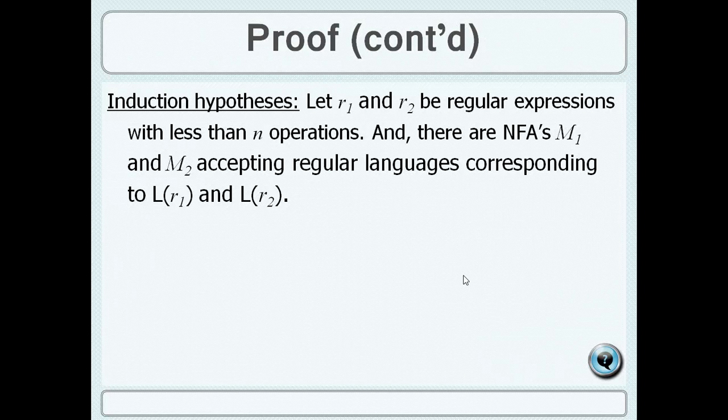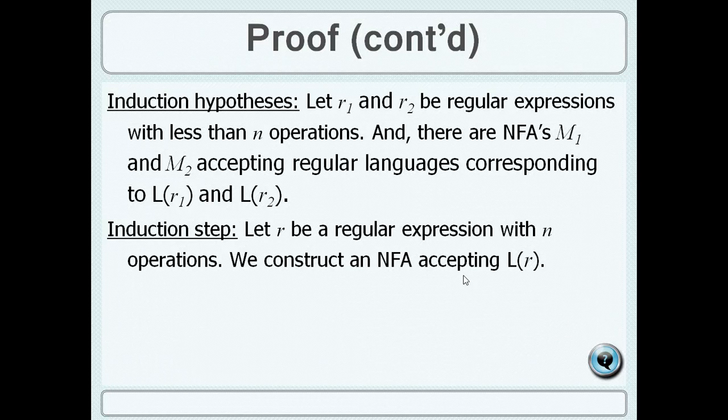Let R1 and R2 be two regular expressions with less than n operations, and there are NFAs M1 and M2 accepting the regular languages corresponding to L(R1) and L(R2). And we go to the induction step.